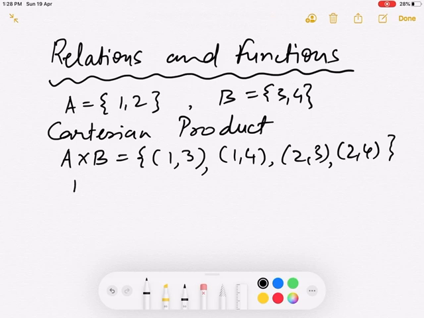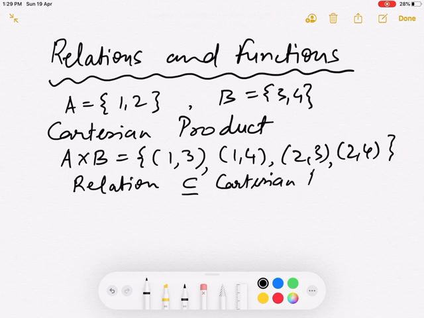Now apart from the Cartesian product, we also defined relation in class 11. A relation was defined as a subset of the Cartesian product. Any subset of the Cartesian product was defined as a relation. For example, here the Cartesian product of A and B is (1, 3), (1, 4), (2, 3) and (2, 4).